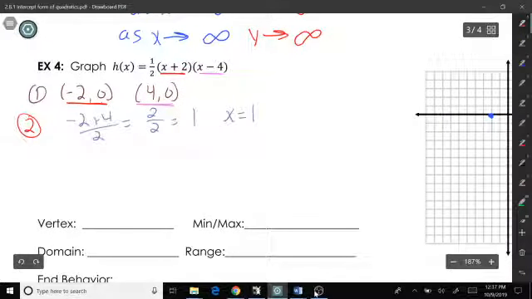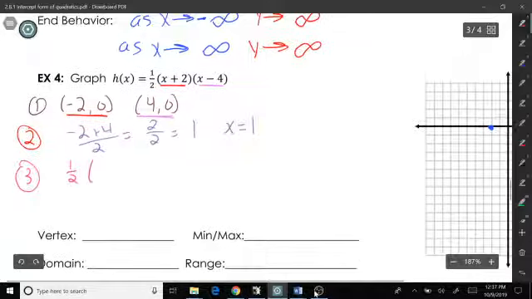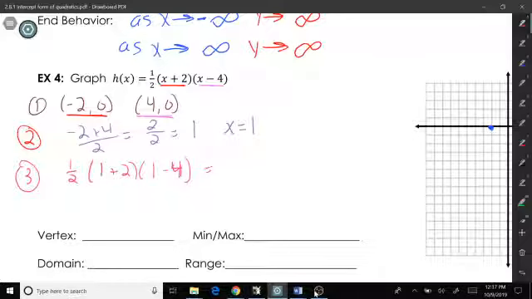And then the third step, take this 1 value and plug it in for both x's. So 1/2 times 1 plus 2 times 1 minus 4. So again, off screen, I'm going to calculate this. 1/2 times 1 plus 2 times 1 minus 4. And I got negative 4.5.